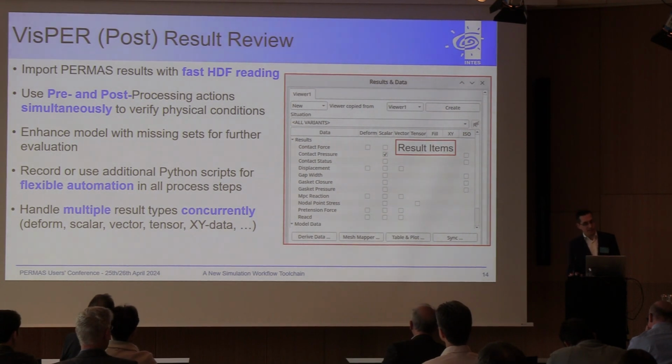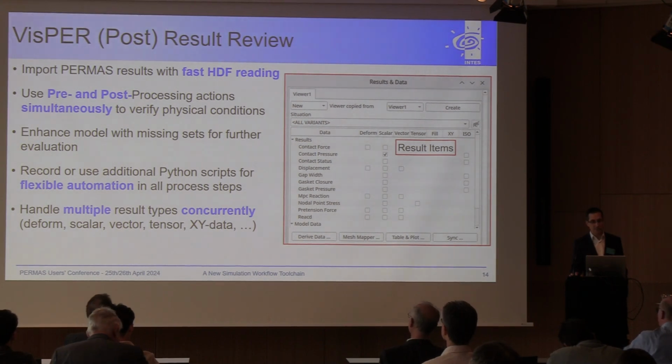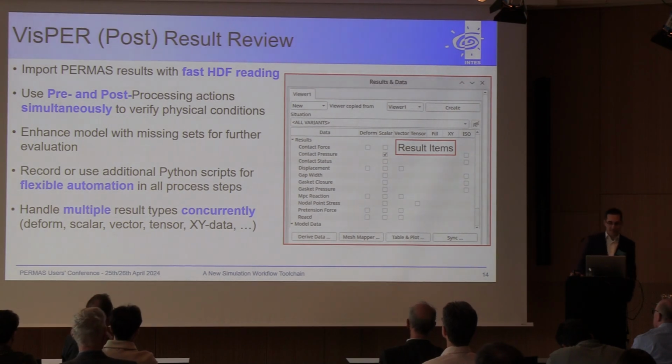With a fast HDF reading in VisPER, you start with the results and data dialog, which gives you a nice and quick overview of which result items are available in your result file. Then you have a categorization of these result types, whether scalar, vector, tensor, and so on. For this presentation, I present one or two examples, like the contact pressure as a scalar value.